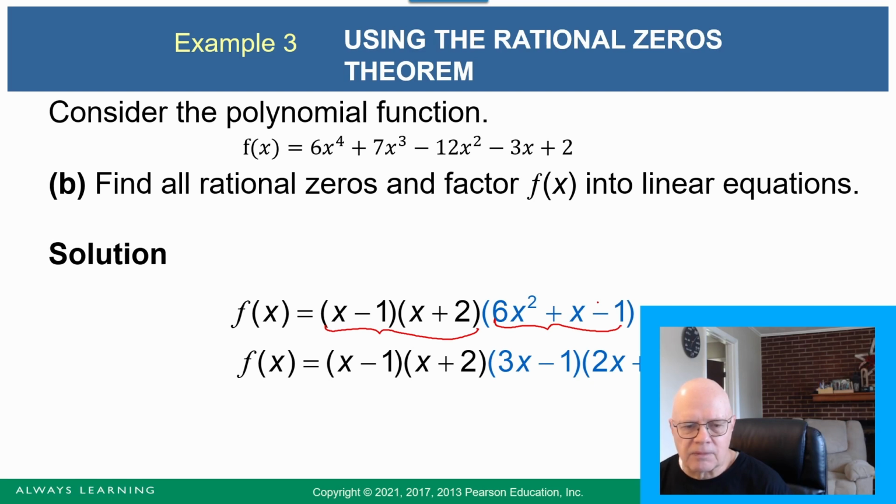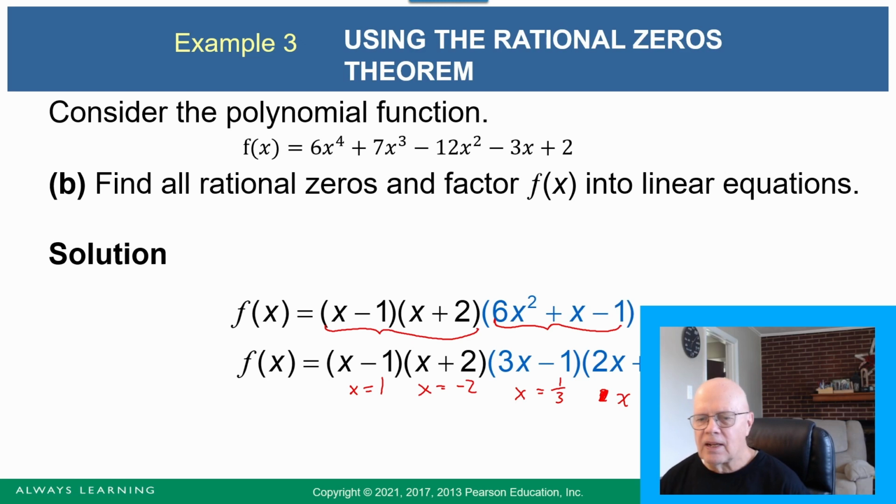Factoring, there we go. And of course, there's 1 zero, there's another zero, and another, and another. Those are the 4 zeros.